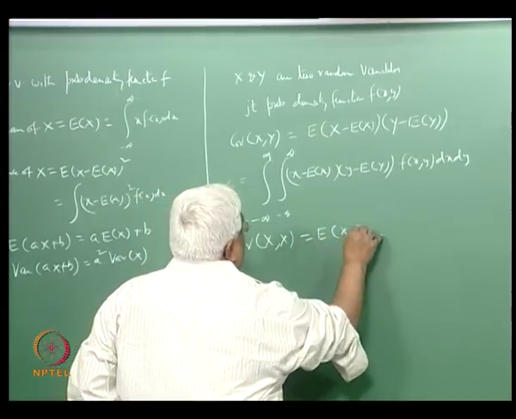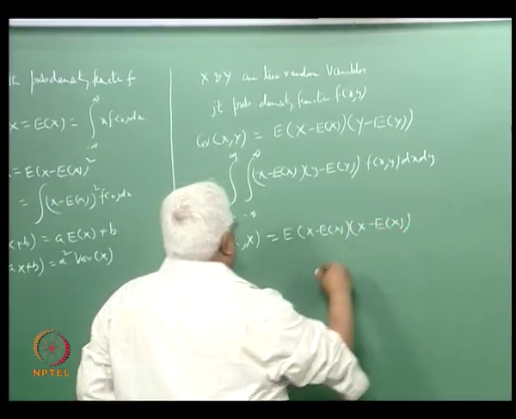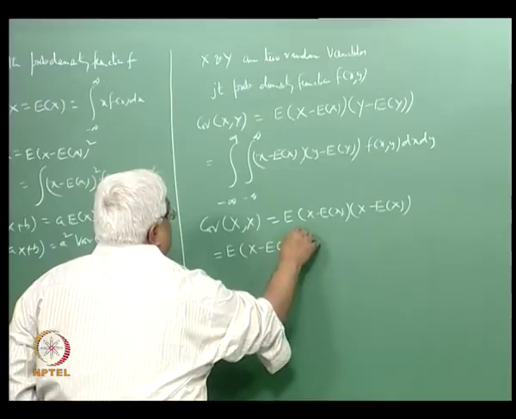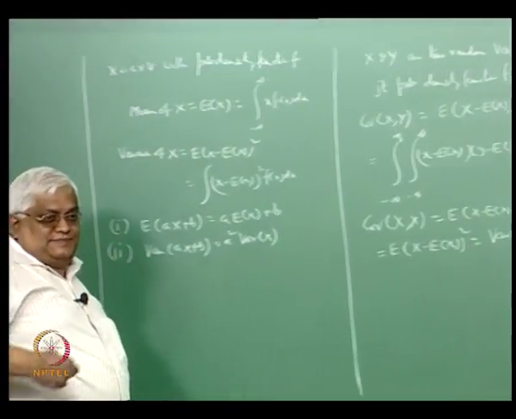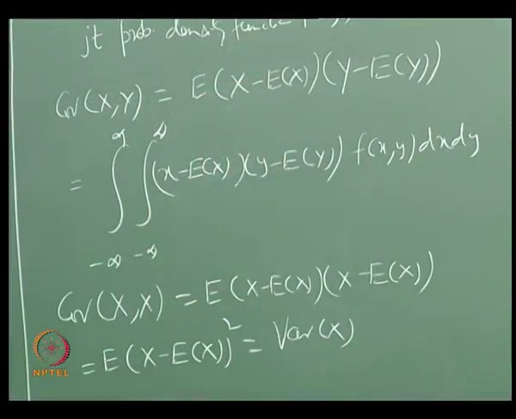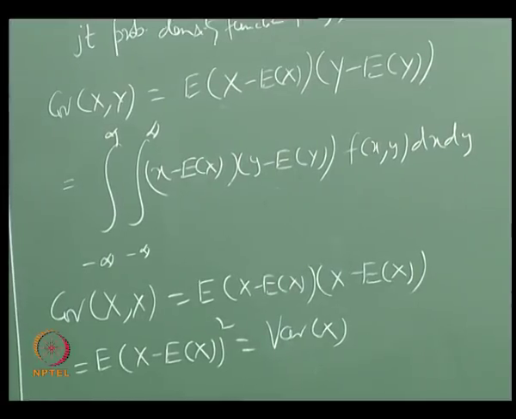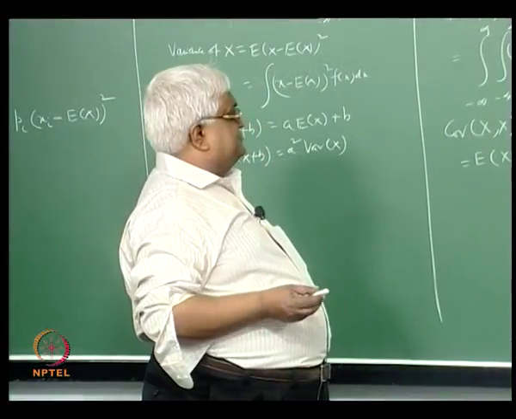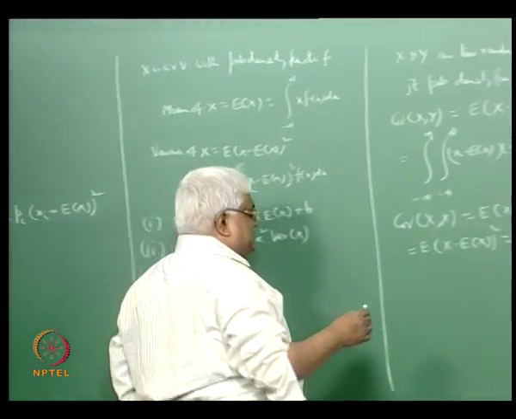This will be the expected value of (X minus expectation of X) into (X minus expectation of X), which is nothing but the variance of X. And there are some more formulas.